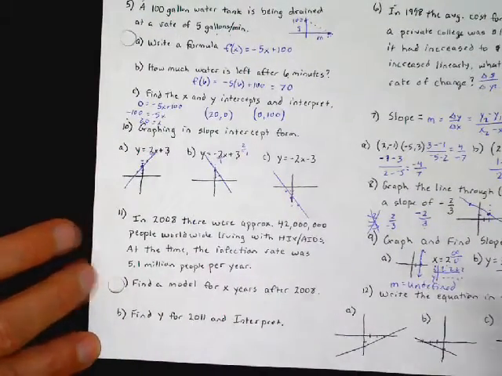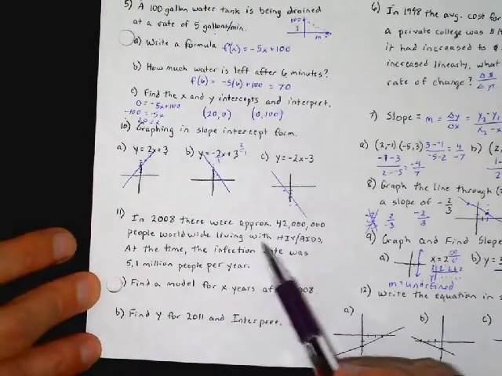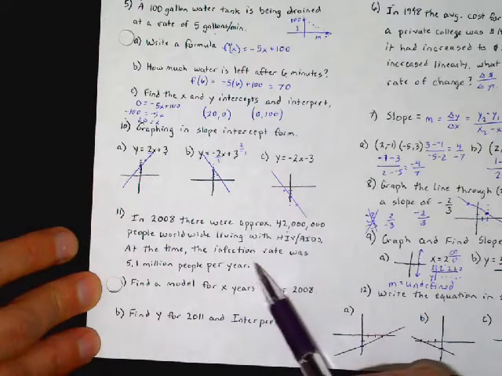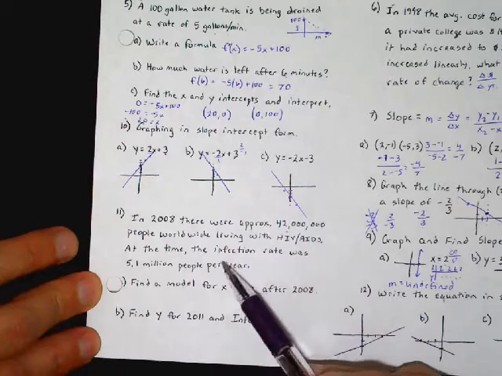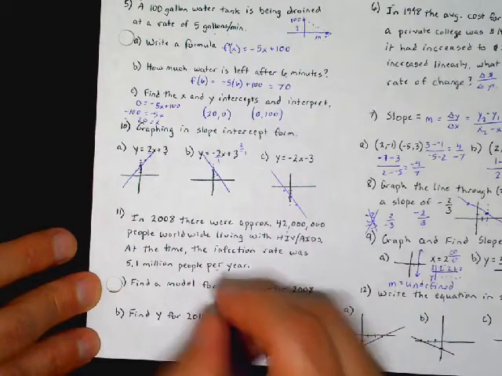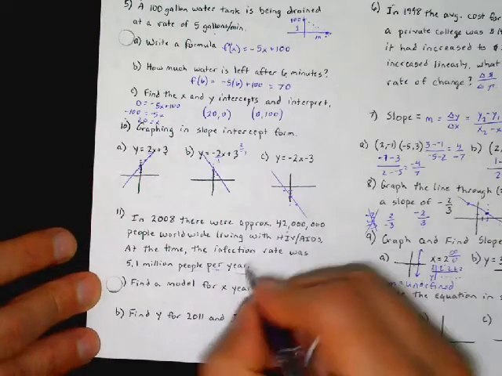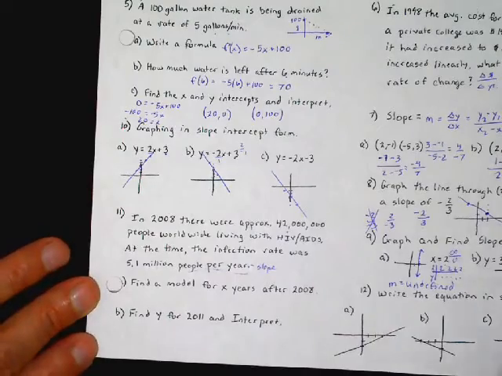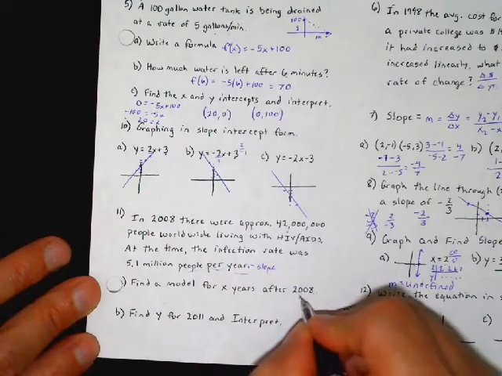Okay. In 2008, there were approximately 42 million people worldwide living with HIV and AIDS. At the time, the infection rate was that many people per year. Okay. So whenever you see this people per year, that probably means it's your slope. Okay. So it says after 2008. So we're going to make x equals 0 2008.